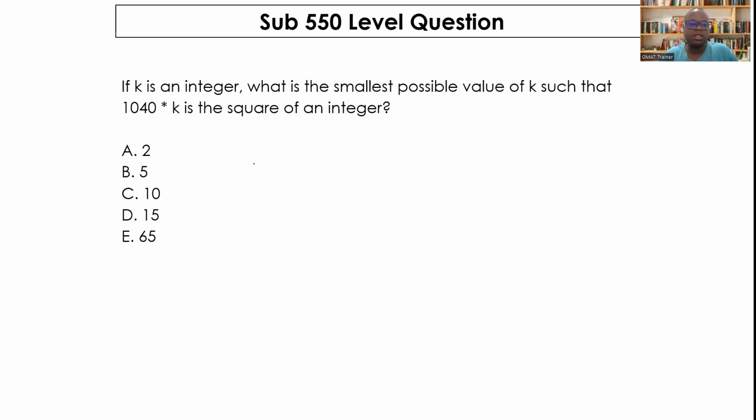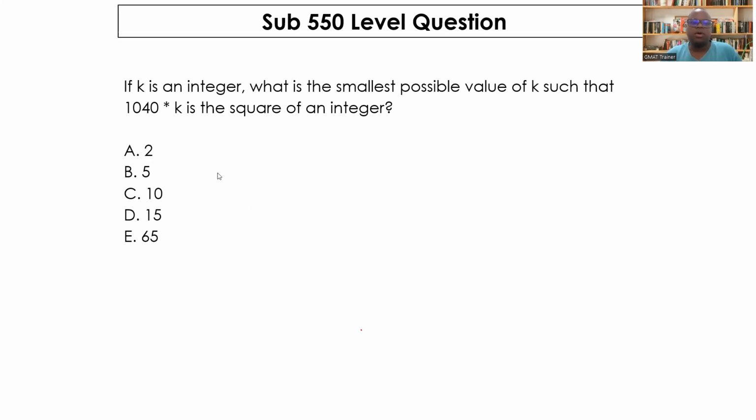But how do you go about this? When you look at this question, what comes to mind when you see squares and integers? It's the concept of factors, exponents, and prime numbers. That's what comes to mind. And the properties of squares of a number are also a concept you need to know, which you can apply directly to get the answer.